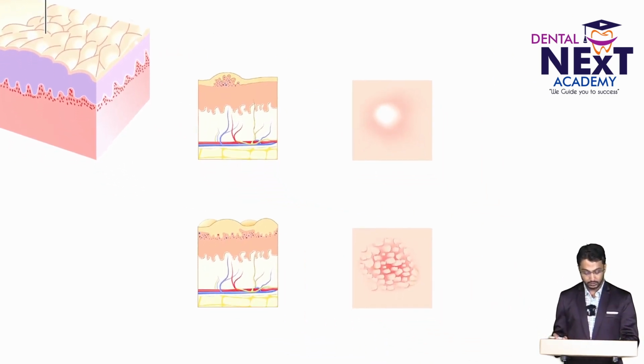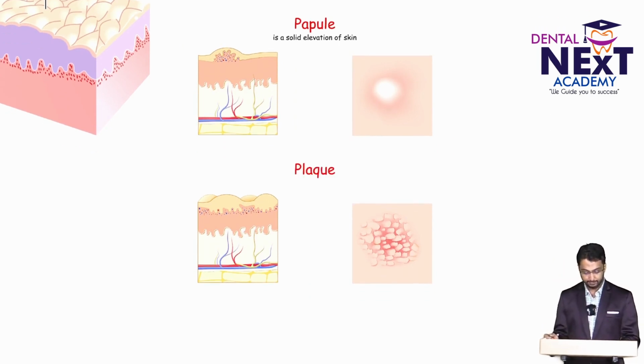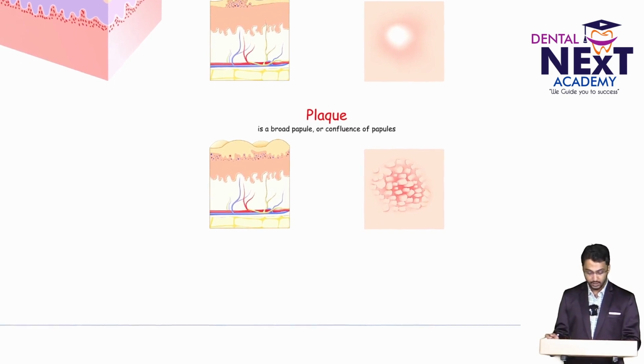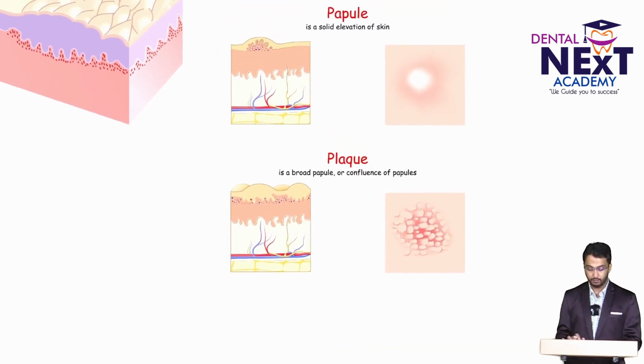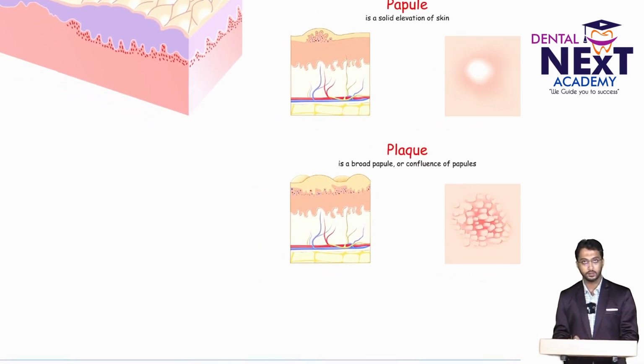The papule is a solid elevation of the skin, and multiple papules or a broad confluence of papules lead to plaque. That's what plaque and papule are. We'll come to more descriptions.